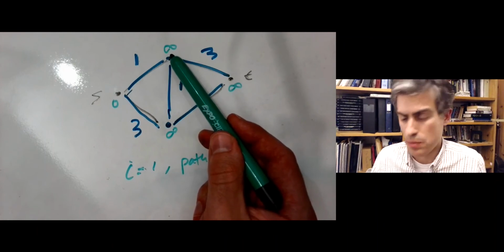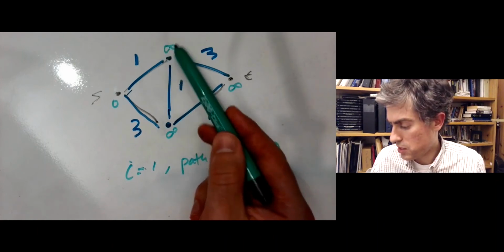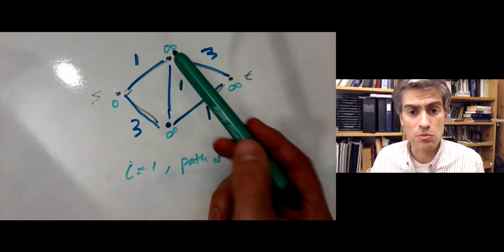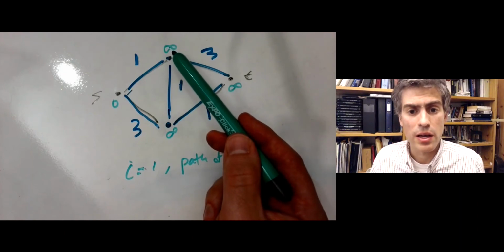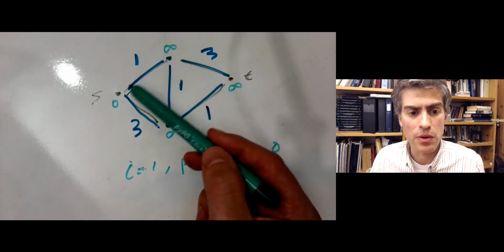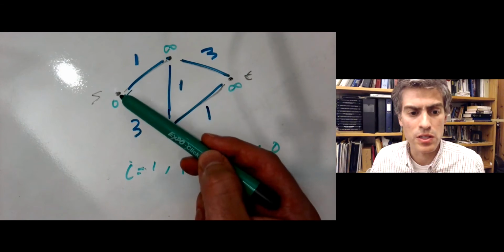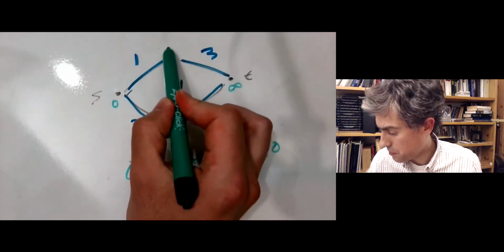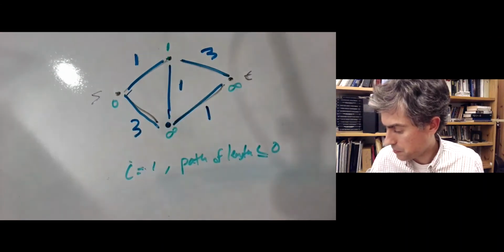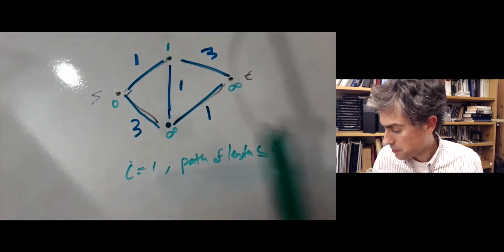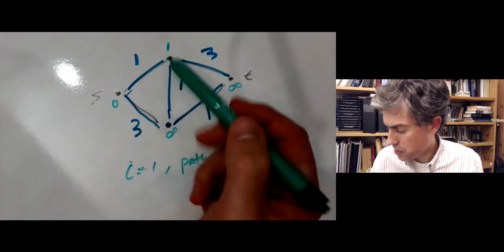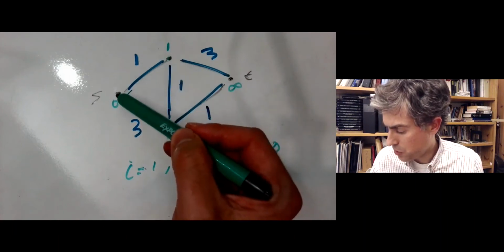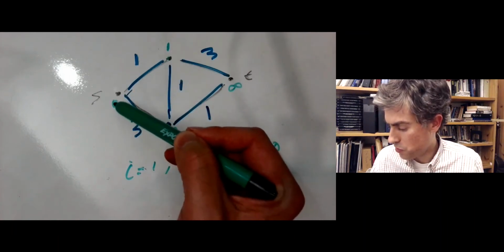Is that cost better than what I previously thought I could reach this node? Yes, it is, because previously I thought it would take infinity to get here. But I just found a path that's cost 1, 0 plus 1. So we're going to change this to 1. Okay. And we could try the reverse direction, but in that case it doesn't help because we get 2, which is more than the 0 we had here.